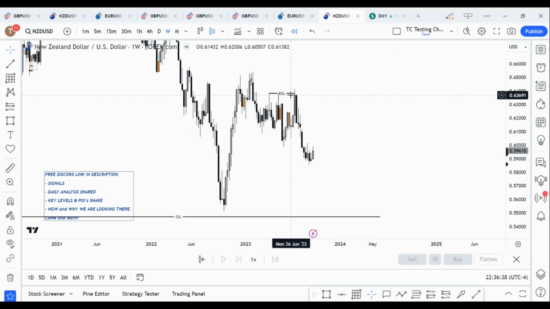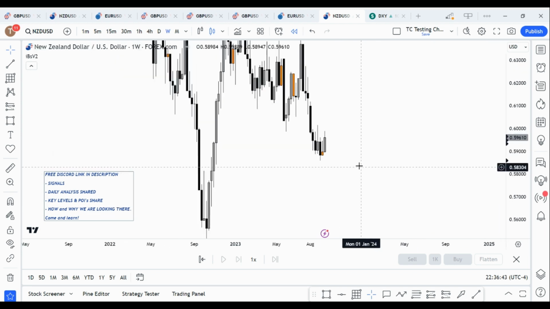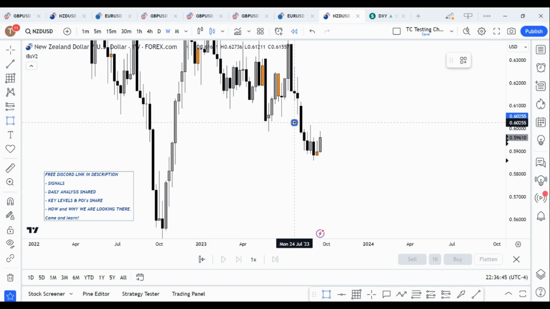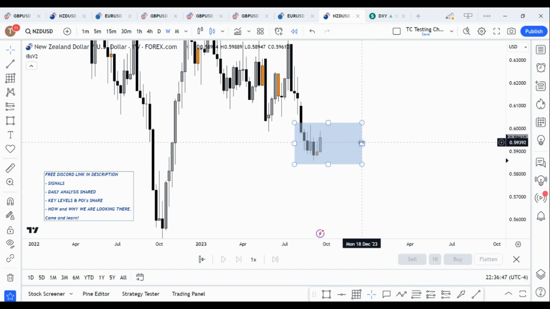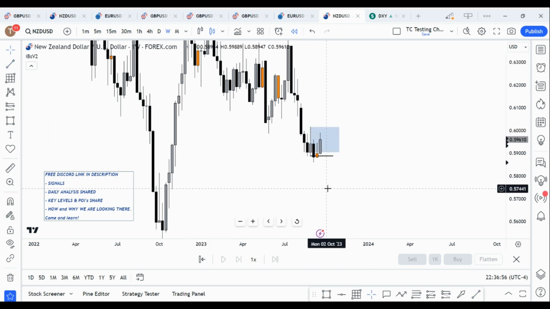So if I just delete this for the moment, because I would draw your attention down to this area of price action here, because as you can see, this is our last bearish order block that was traded and closed through on the weekly time frame.